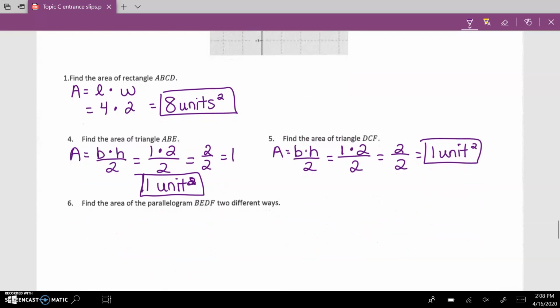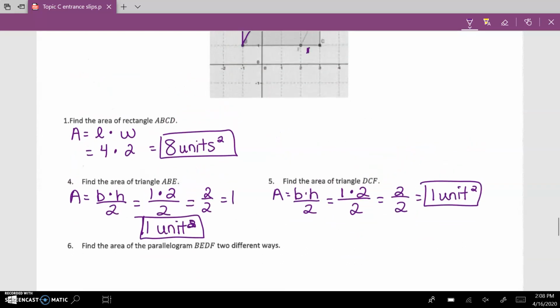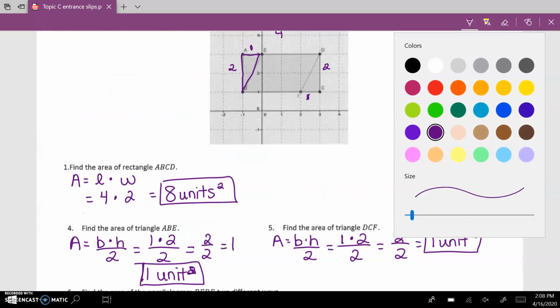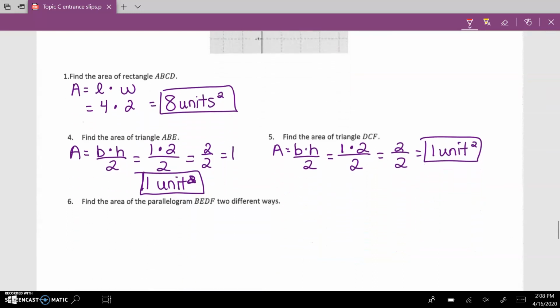And then the last one, number 6, says find the area of the parallelogram BEDF using 2 different ways. So the parallelogram is this guy I'm drawing in red here. So 2 ways. One way, which I think is the easier way, is with the formula. Okay, and the formula for a parallelogram is just the base times the height.